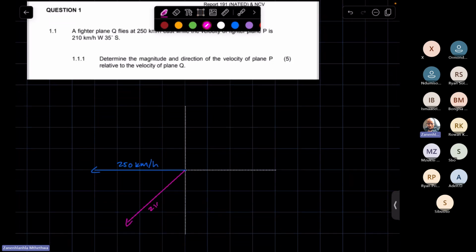So this is 210 kilometers per hour, right? And remember that what this whole angle is, is 35 degrees, right? So that angle is 35 degrees. Just bear that in mind. So this is 35 degrees, right?